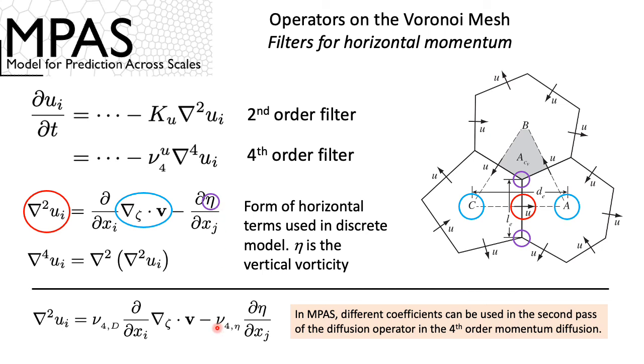In MPAS, we take advantage of that, as you'll see in the next couple of slides where we look at the namelist parameters, where we actually put a different weight on this term than on that term in applying the viscosities or the hyperviscosities.